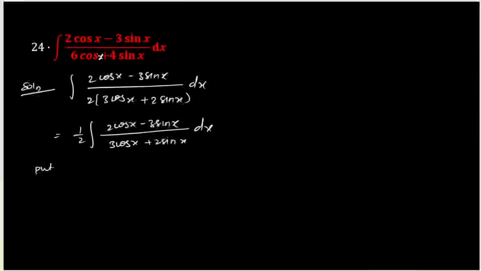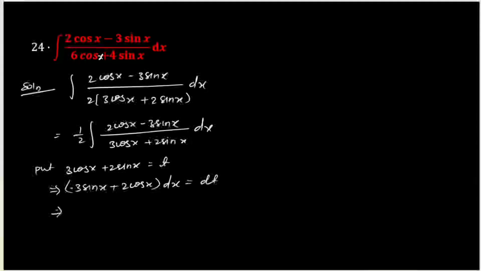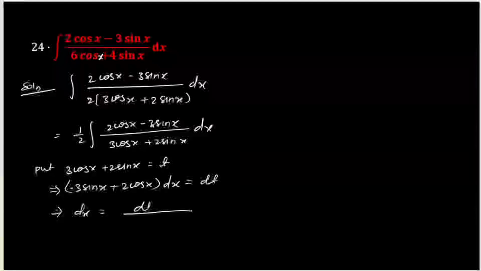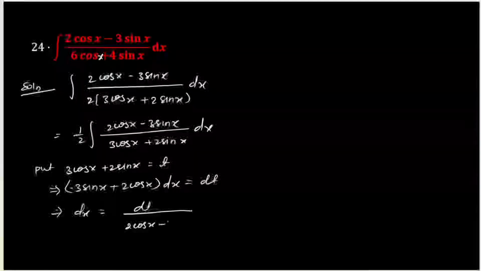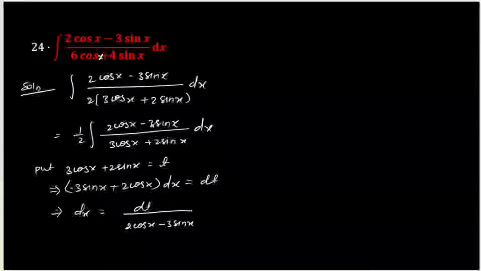Here we put 3 cos x plus 2 sin x equal to t and differentiate with respect to x. So we get minus 3 sin x, because the differentiation of cos x equals minus sin x, plus 2 cos x dx is equal to dt. Therefore dx is equal to dt by 2 cos x minus 3 sin x.